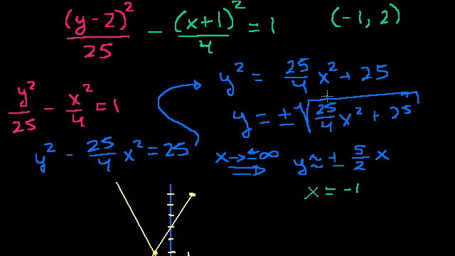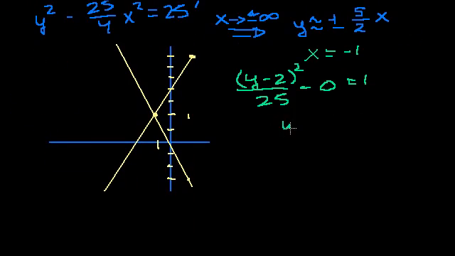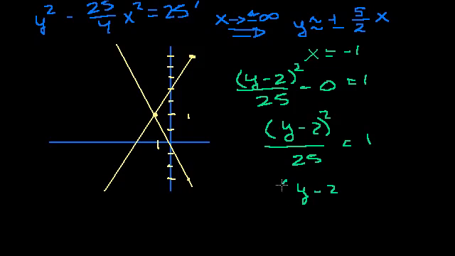I don't want to lose it, so I'll write it right there. Then you get y minus 2 squared over 25. This becomes 0. Minus 0 is equal to 1. So y minus 2 squared over 25 is equal to 1. Y minus 2 squared is equal to 25, just multiplying both sides by 25. Taking the square root of both sides, y minus 2 is equal to plus or minus 5.